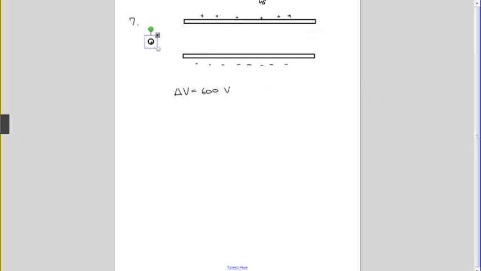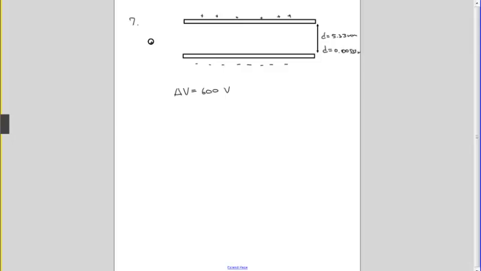Okay, and the distance between the plates is 5.33 millimeters. So called D, 5.33 millimeters, which we will convert to meters, but it says 0.00533 meters.